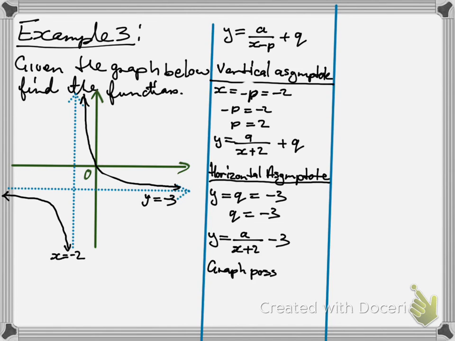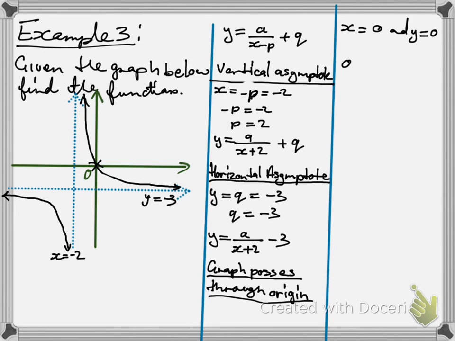Now we need to find the value of a. We are going to take any point which is found on the graph. In this case, you can see the graph passes through the origin, which means we are going to use the origin to find the value of a. So we say if x equals 0 and y equals 0, we substitute those values into the equation and we solve for a.